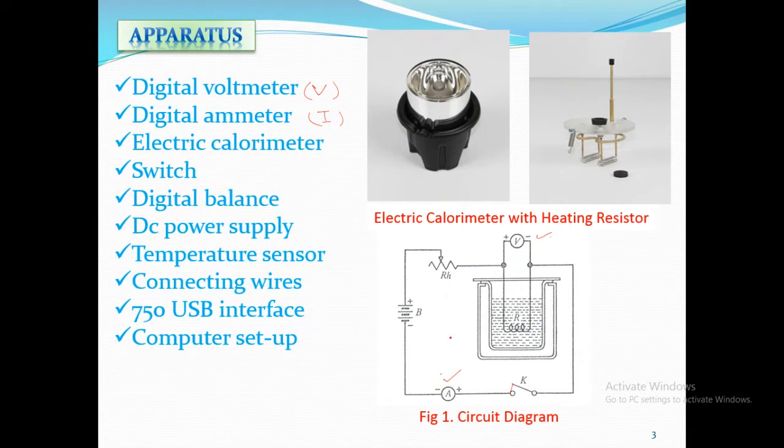You have an electric calorimeter, so this arrangement is called an electric calorimeter. You have a cup with the lid. This is the lid, the cover of the cup. This is the plastic insulation material, and we have a heating element, or heating resistor.